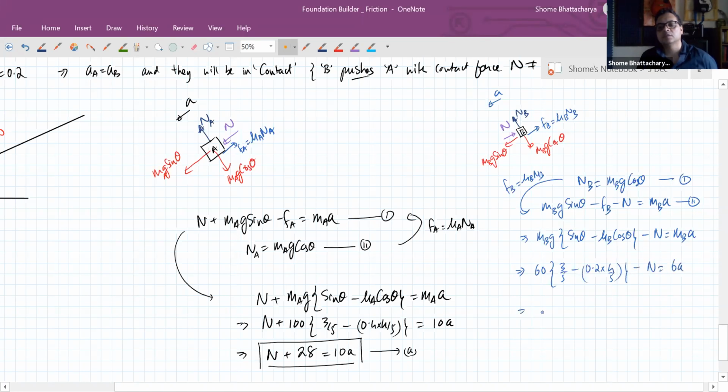So we will get, this will become 60 multiplied with 3 minus 0.8 by 5. So 12 into 2.2. Okay.